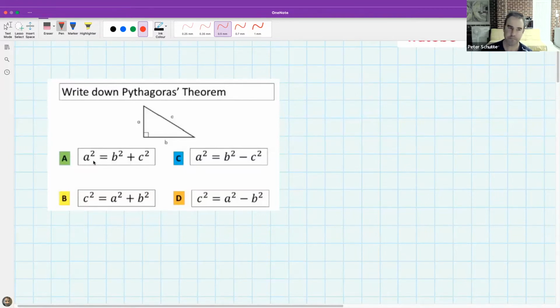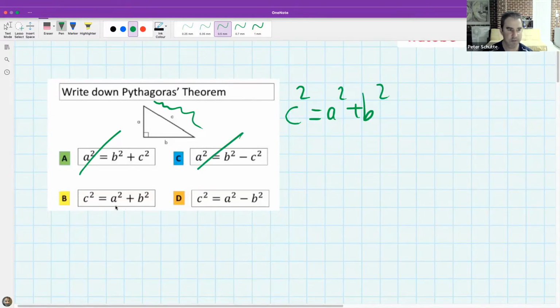Okay. So with Pythagoras, you all know that the hypotenuse is the one that's going to stand alone most of the time. So c squared, and the other two sides, so it would be a squared plus b squared. And the correct option then is not going to be that one because it has to be c squared by itself.